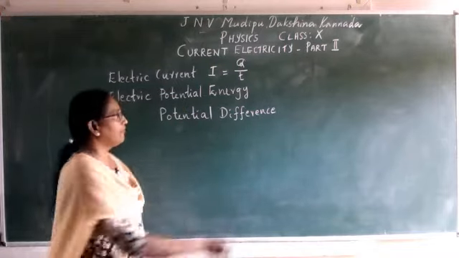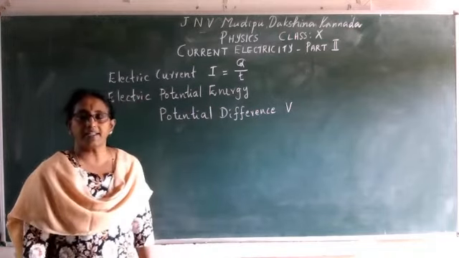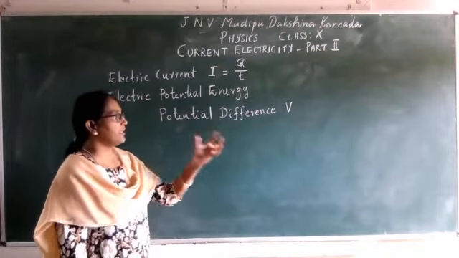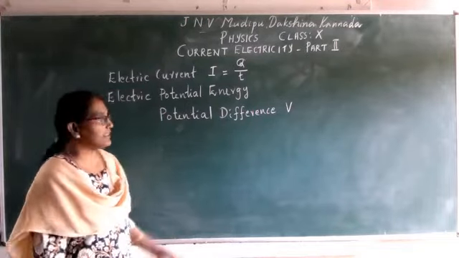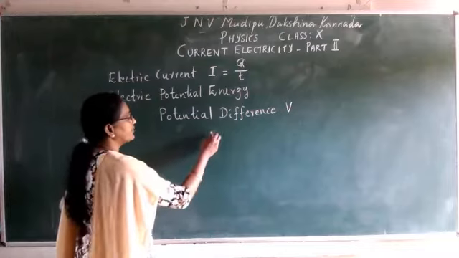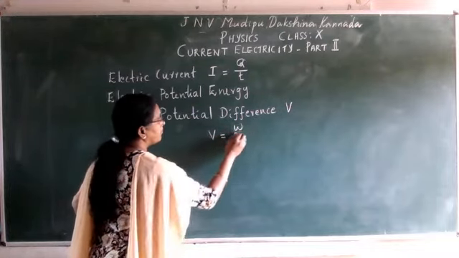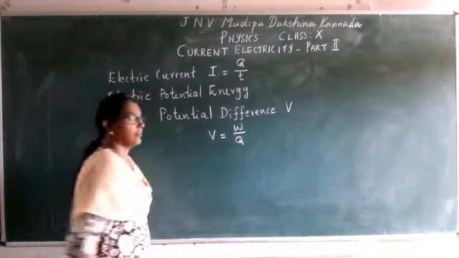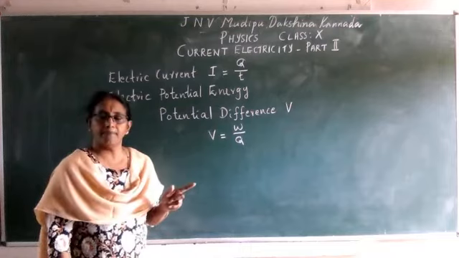So the letter V we use to denote potential difference, and the potential difference V is measured in a unit named volt. Since it is work done, we can take V as W by Q. I hope all of you remember this equation. So what is W here?